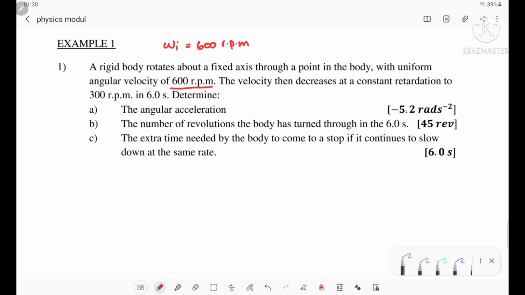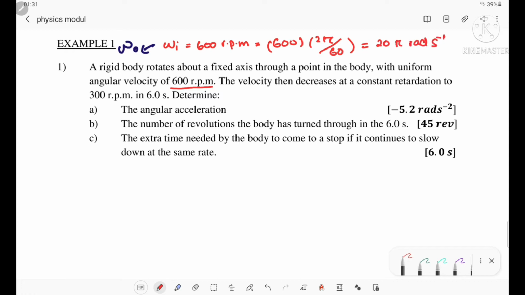To convert to radian per second, you need to multiply by 2 pi over 60, because 1 revolution is equal to 2 pi, and minutes convert to seconds, divide by 60, and we have 20 pi radian per second.